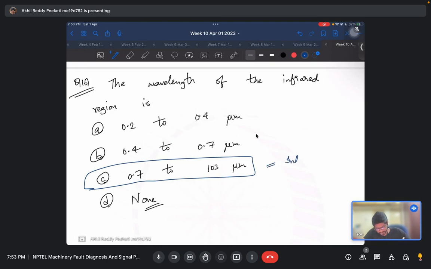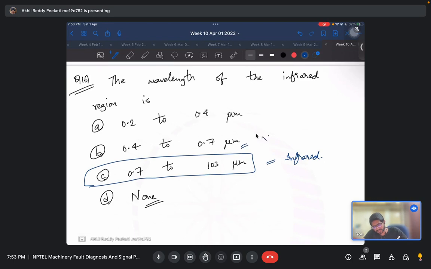This is infrared. In this also there are multiple regions: near infrared, NIR, and far infrared. So infrared is actually from 0.7 to 103 microns, and this is usually the visible range, and this is usually the ultraviolet range or blue also. Usually around 365 is ultraviolet, so this is ultraviolet and this is visible and this is infrared.